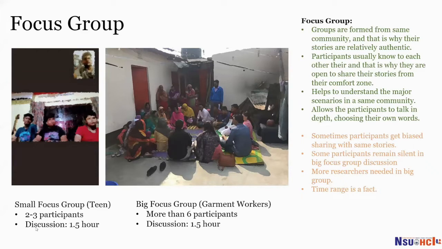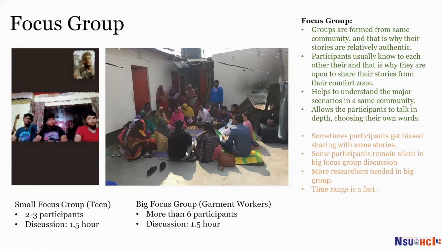The left one was the small group with teens, and it was both a physical and virtual meeting, because there was one researcher in front of them and another joined via Skype. This kind of small focus group is naturally standard because we get more time to discuss.